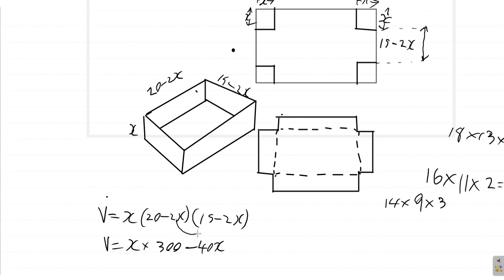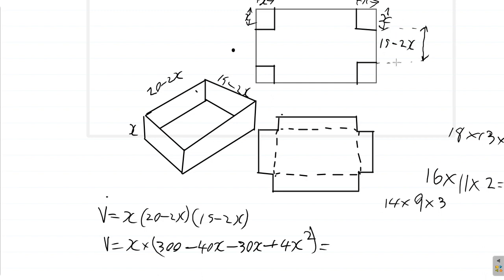Then negative 2x by 15 would be negative 30x. Then negative 2x by negative 2x would be a positive 4x squared, right? And x times all of this.